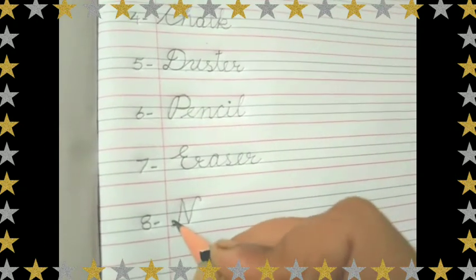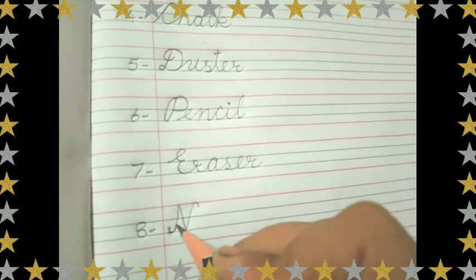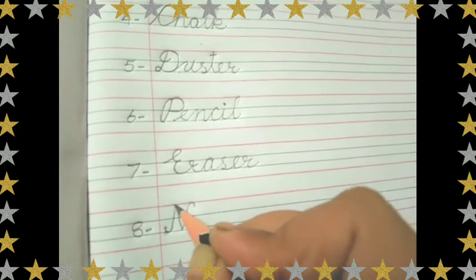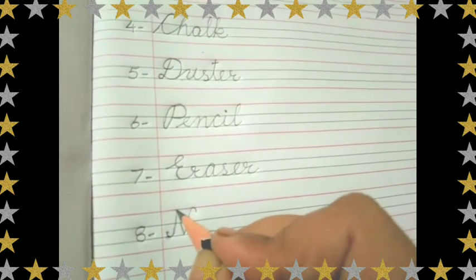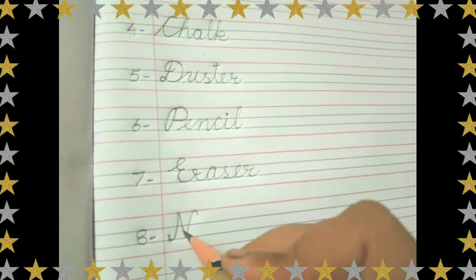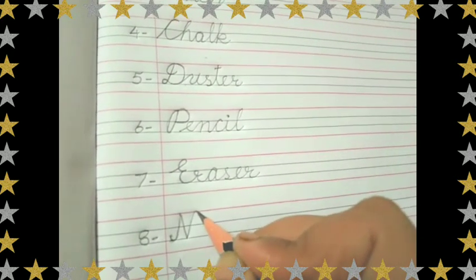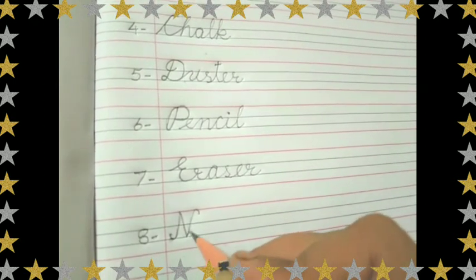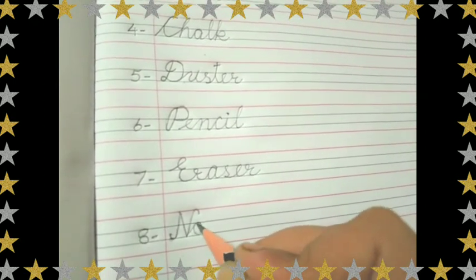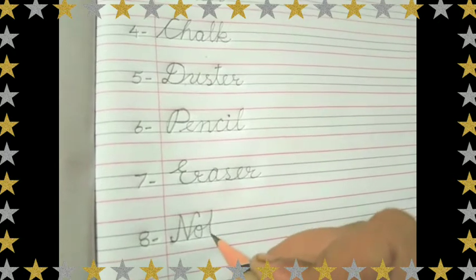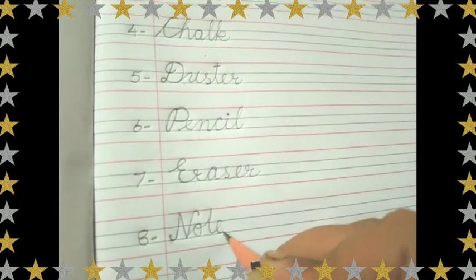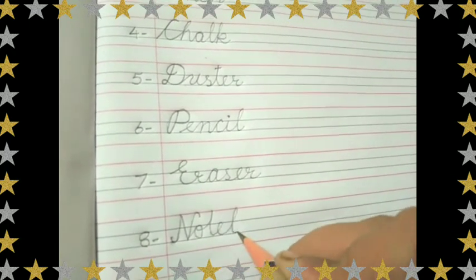slanting line and again slanting line and little curve it. See, curve it, take a slanting line and from the upward to downward you will take a slanting line and again a slanting line and curve it. N O T E, note.